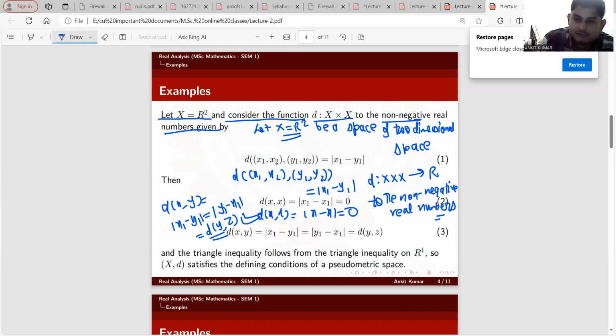And the triangle inequality follows from the triangle inequality of R. And what is the triangle inequality? d of x comma y is less than or equal to d of x comma z plus d of z comma y. It is similar to that in R. So X comma d satisfies the defining condition of a pseudo-metric space. Okay. So this is a pseudo-metric space.